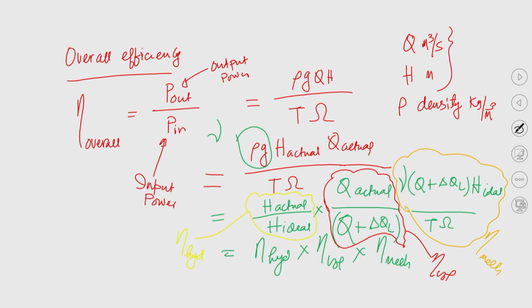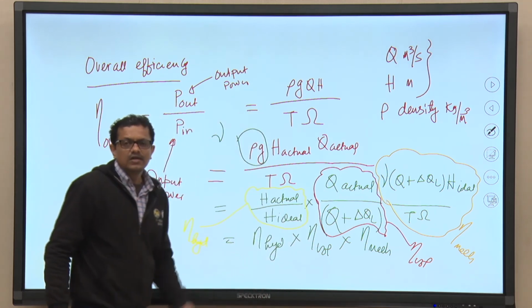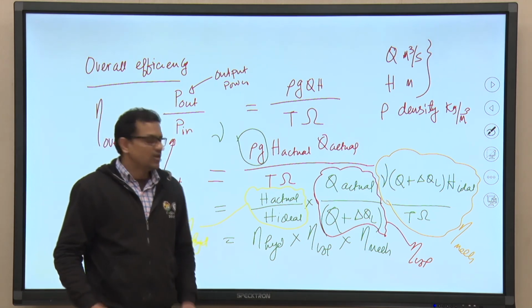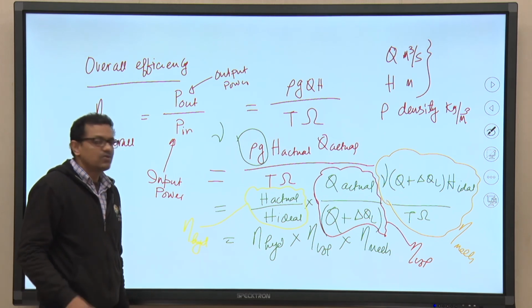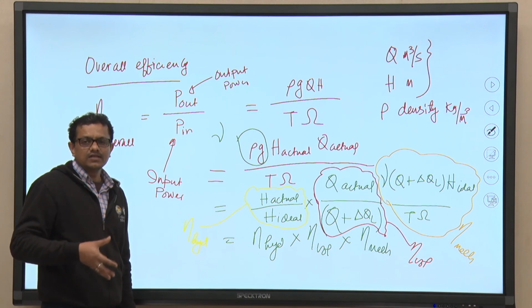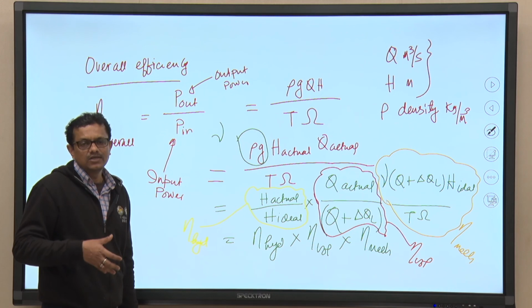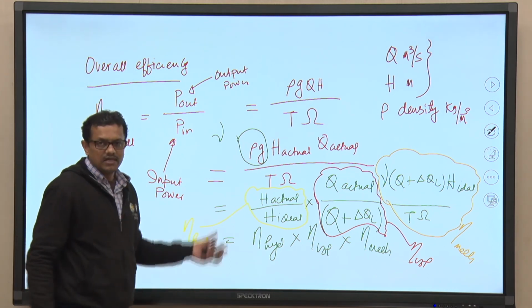So, hydraulic efficiency multiplied by volumetric efficiency multiplied by mechanical efficiency is the overall efficiency. The discussion on the introduction of overall efficiency is that there are several losses. While we have identified different losses and introduced different efficiencies, why can't we introduce an overall efficiency? That is what we have discussed here.